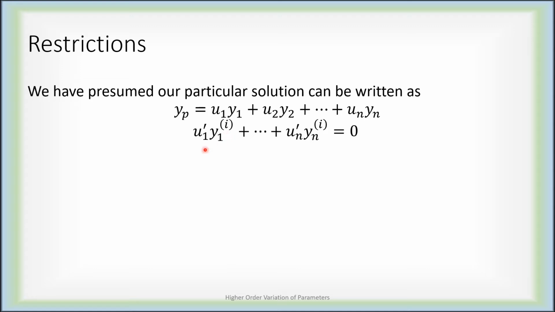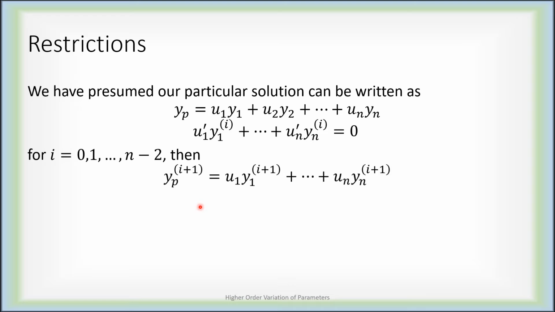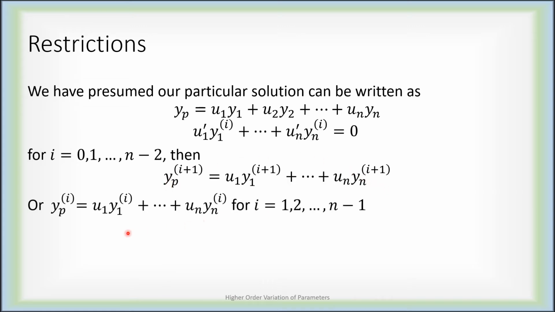And if we want the n minus first derivative of yp to take a nice form, we need one lower choice of i here. So i goes from 0 up to n minus 2. This allows me to conclude that the i plus first derivative of yp takes this simple form, meaning the derivative of yp takes the simple form for the first derivative through the n minus first derivative.